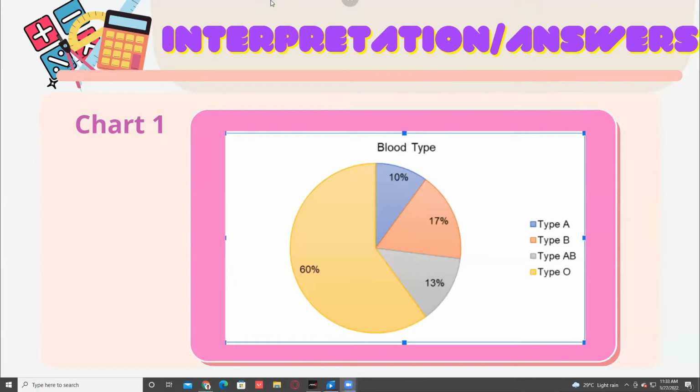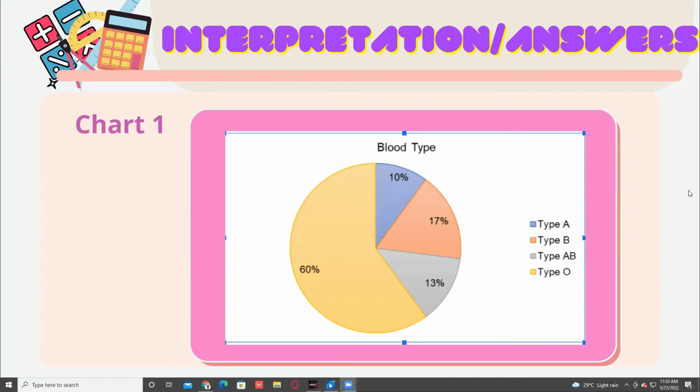So today I'm going to discuss the interpretation or answers of chart 1, which presents the number of people for each blood type. Based on the presentation, in blood type A, there are 20 respondents in total with a percentage of 10%.